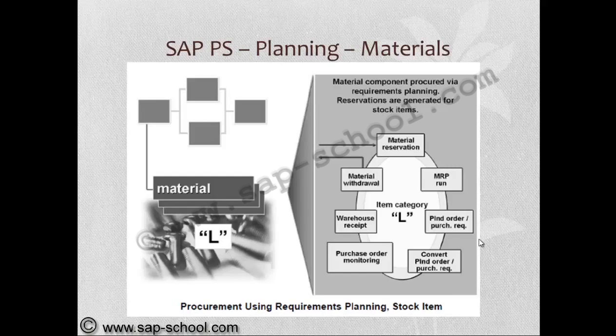Looking into the stock availability and requirement, the purchase requisitions will be automatically generated, or planned orders will be generated. Those will be converted to purchase orders. Then the material receipt in the warehouse, and the material withdrawal from the stores for the job.